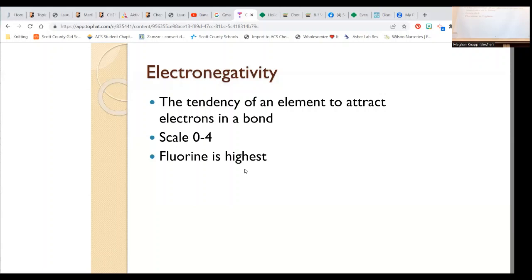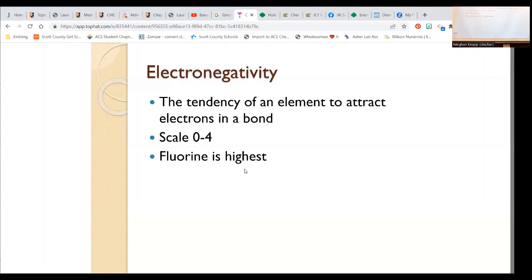So rather than always having to look up the numbers, we're just going to say, well, how close is this element to fluorine? Now it does the same thing going down, but the difference between the first row and the second row is pretty big. We went from 4 to 3.5 going to the side. Fluorine is 4, chlorine is 3.0.